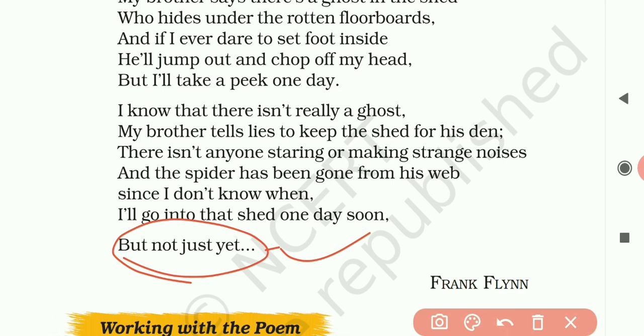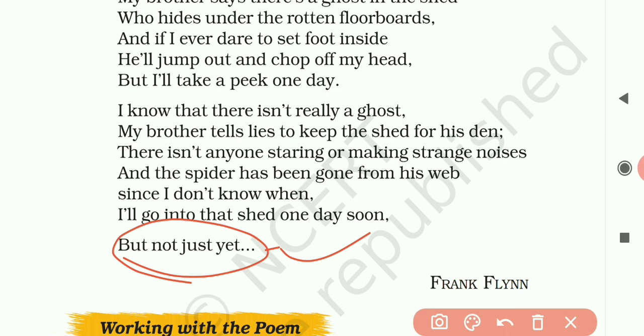Because his brother has tried to terrify him with the help of a ghost story. And I think he still has the concept of ghost in his mind. He believes that there is someone inside the house. Okay, clear. That's why he has not yet gone to that particular shade till today, right?